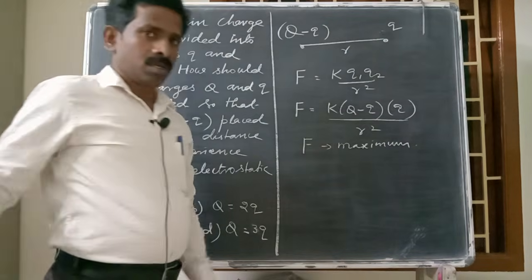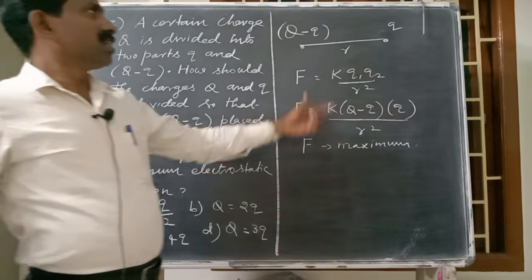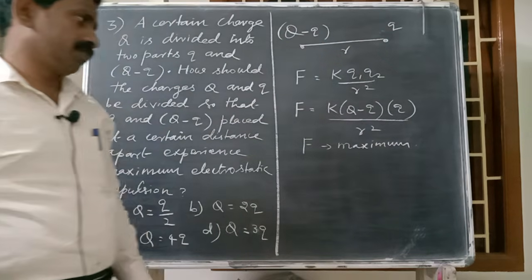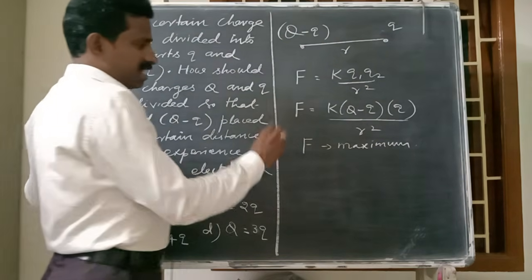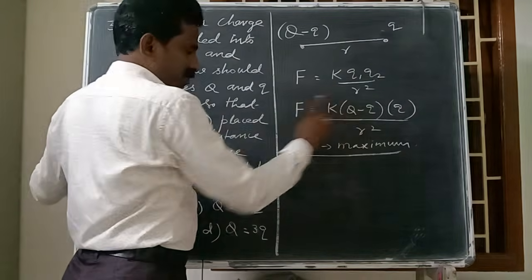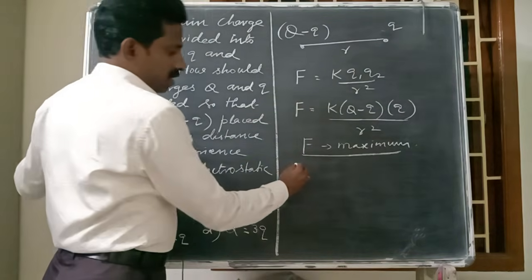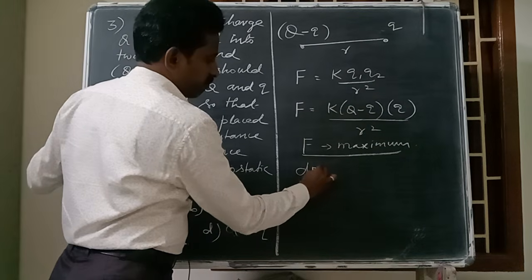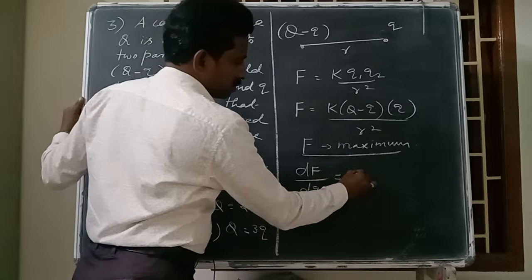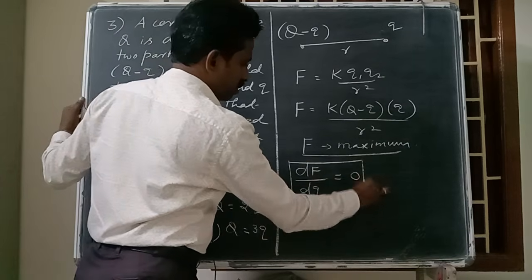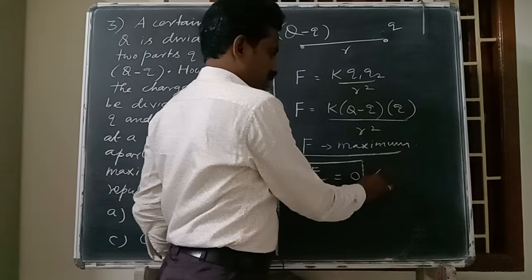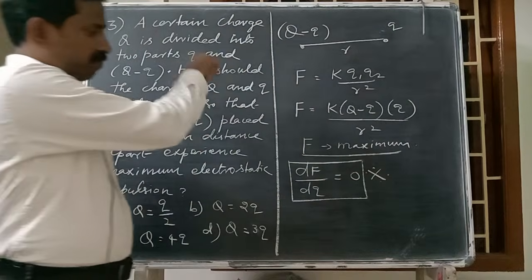So in what way this Q should be divided into two parts? The basic condition here is, if the force is maximum, then df by dq will be 0. This is a condition for obtaining maximum force, and you have to remember it for this type of problem.